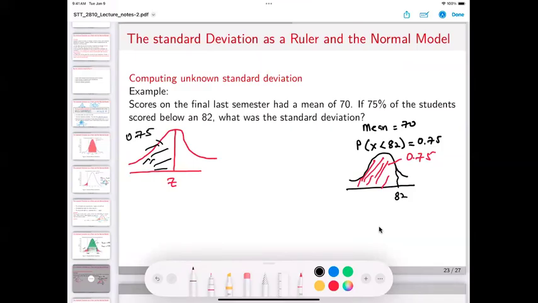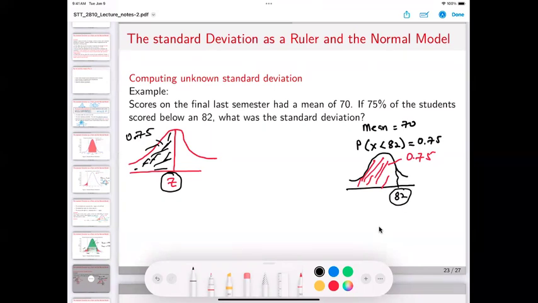Is that okay? So now I want you to compute what Z value gives you an area of 0.75. Here, we don't need to do anything because the area is to the left of Z already. We can see that. Does that make sense? So since the area is to the left of Z, what Z value gives you an area of 0.75? Is that okay?